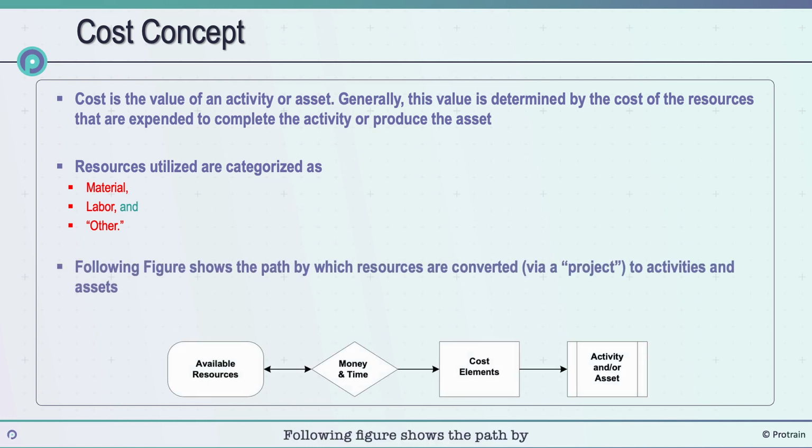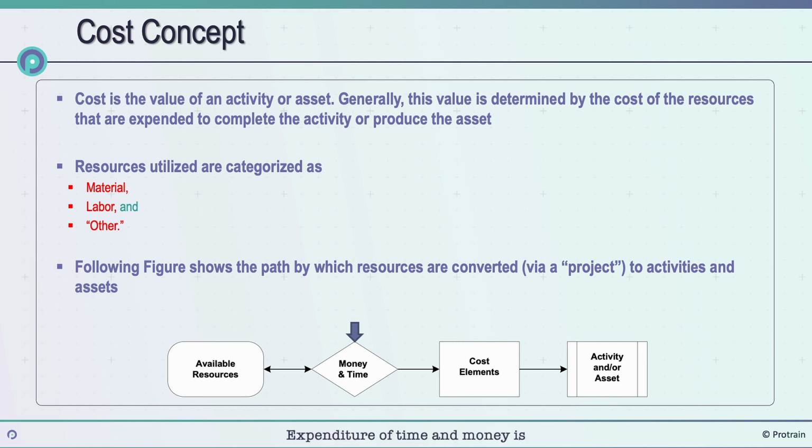The following figure shows the path by which resources are converted via a project to activities and assets. Let's understand the figure. At first, we have resources available. Then these resources are implemented by spending time and money.